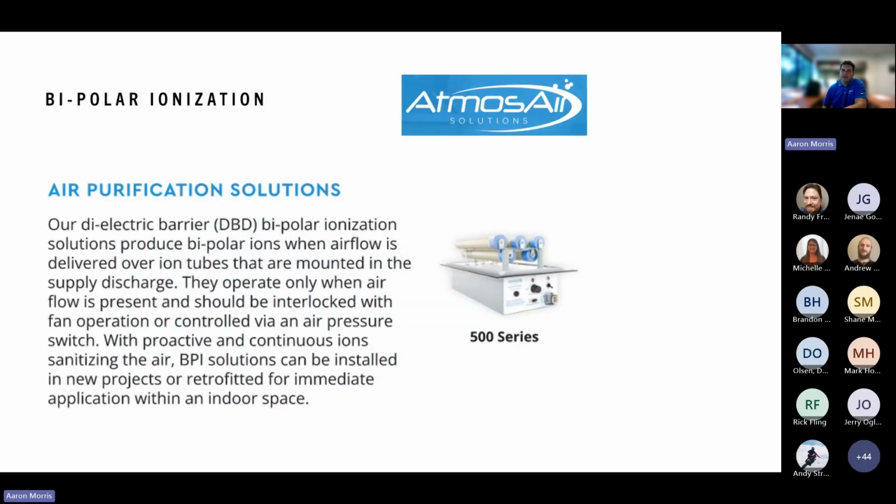And Atmos Air offers bipolar ionization, which creates positively and negatively charged ions in your ductwork, in your equipment, or in your space. Those ions can interact with different contaminants and render them neutralized to purify the air in the space.